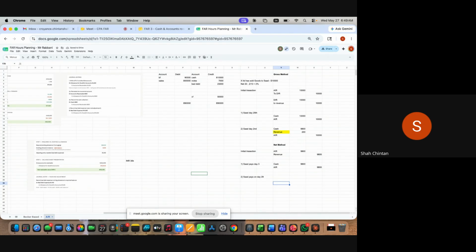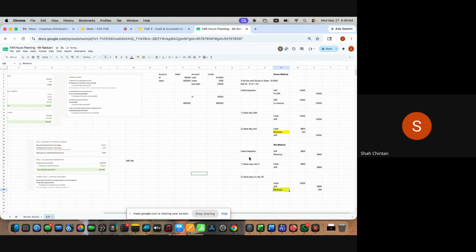He cannot get the 2% discount because he is not paying within the 10 days criteria. So your entry is cash debited, which is 10,000 in full. Your accounts receivable only has 9,800, so that is the only amount which can get closed. And now you true up your revenue again, because the discount was not taken and the company has received full cash.